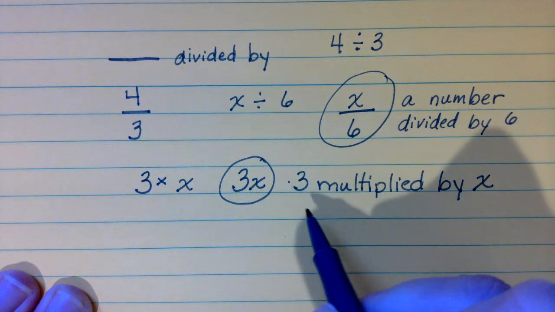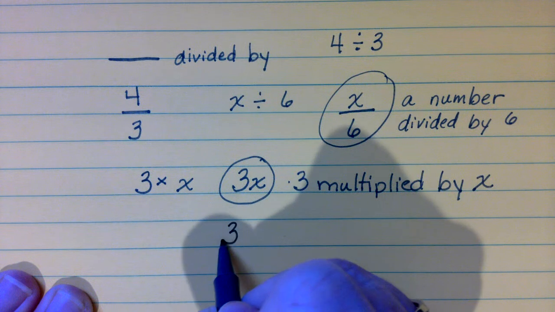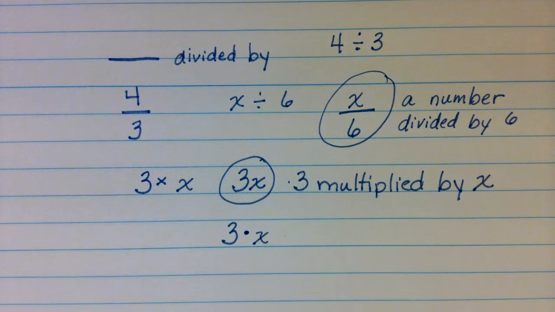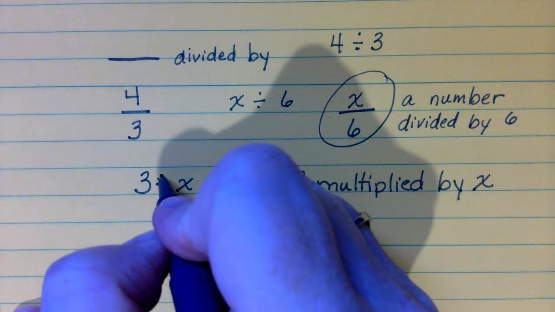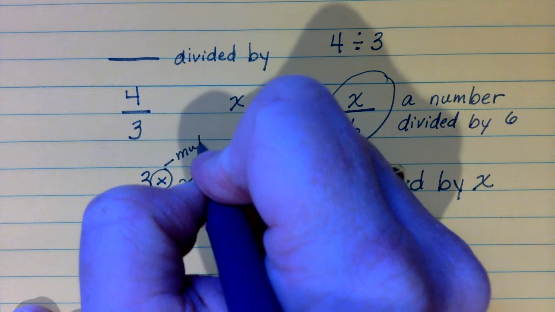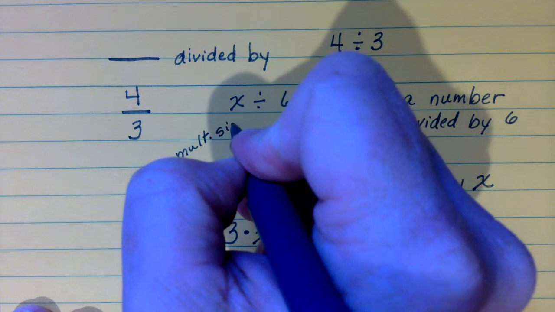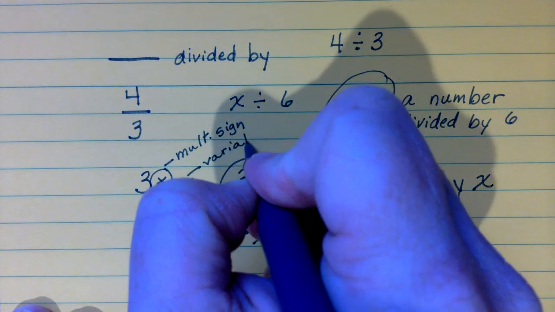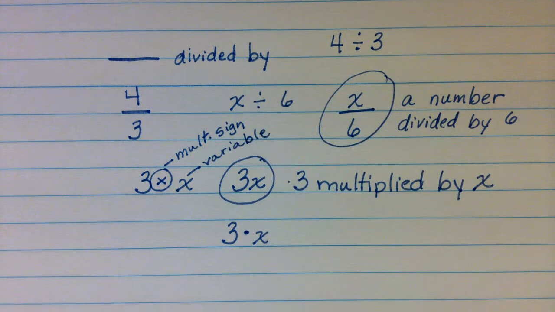Later on, you may even see it with a dot in between, 3 dot x. And again, the reasoning for that is because when we put variables in, we don't want to confuse the multiplication sign with the variable. It can get really confusing, especially if you're using x regularly. Okay, so that's important for you to know.